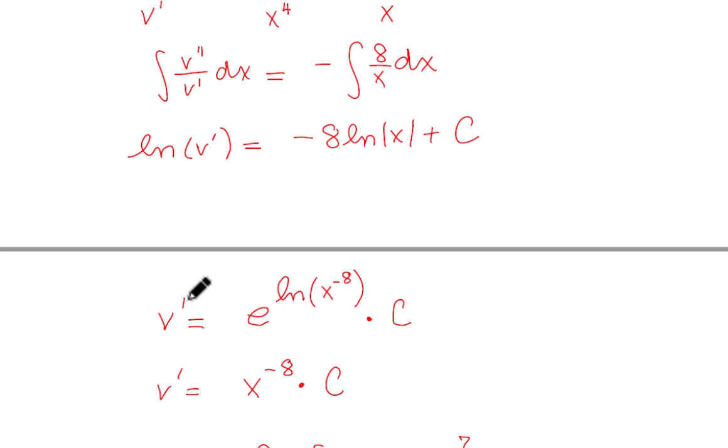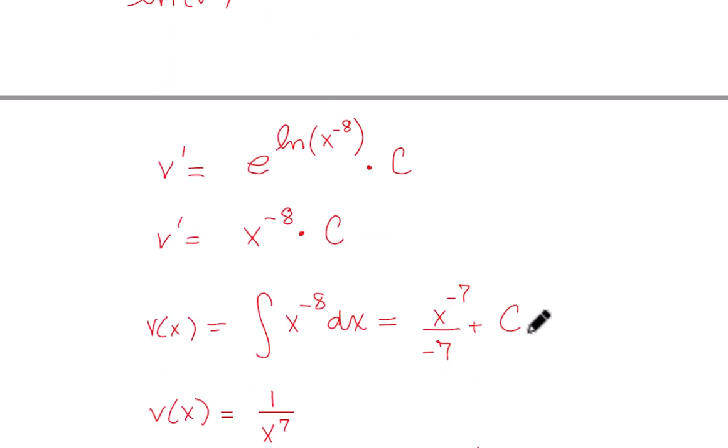Like we've done previously, I'm going to take this minus 8 here and shove it back up as an exponent. We're going to get an e to the c, so just call that c. And so now I get a relationship about v prime. All right, well, that's pretty easy.